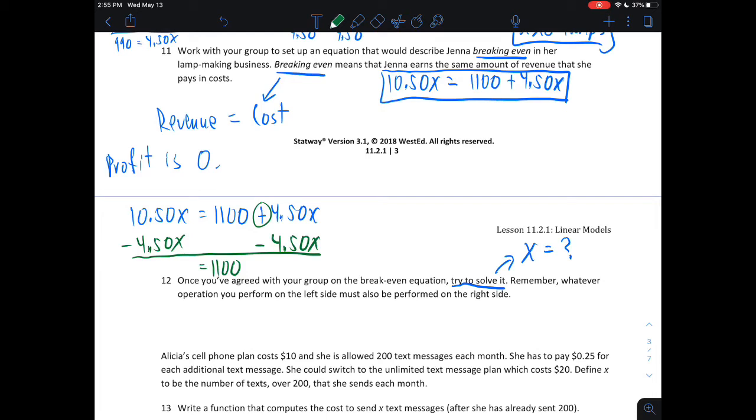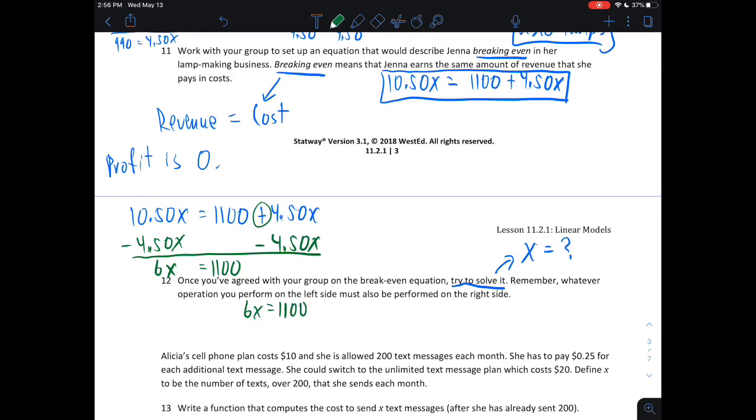So in this case, I have 10.50 x's minus 4.50 x's. And remember, x stands for lamps. So this just becomes 6 times x, because 10.50 minus 4.50 is 6. So now I have 6x is equal to 1100.